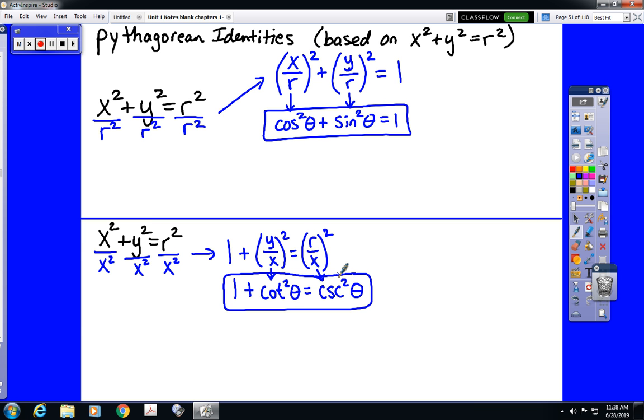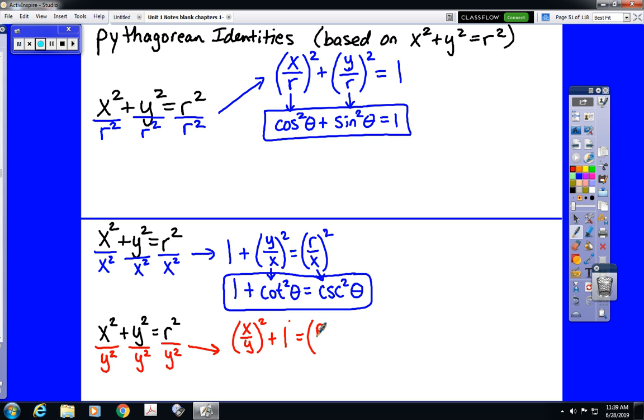If we do the exact same thing one more time, only this time we divide by y squared, hopefully by now we see how this works. If we divide by y squared instead of x squared, that would give us (x over y) squared plus 1 equals (r over y) squared.